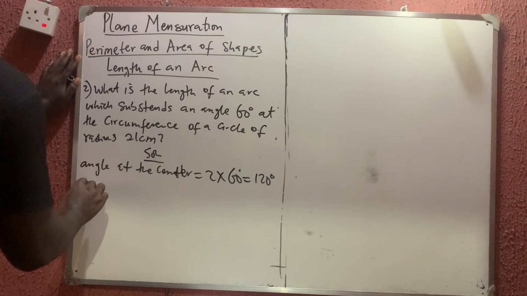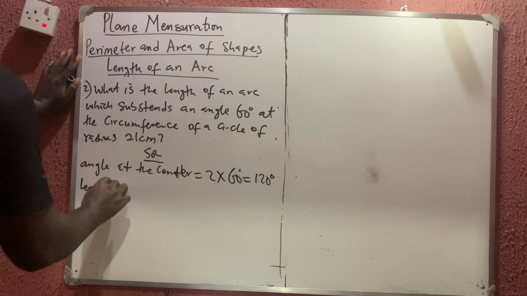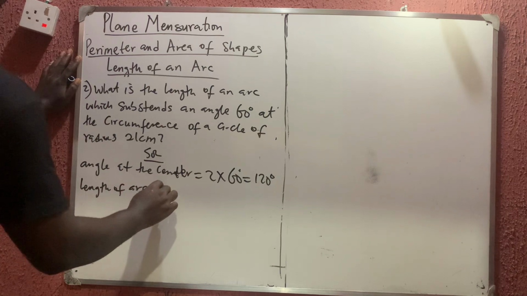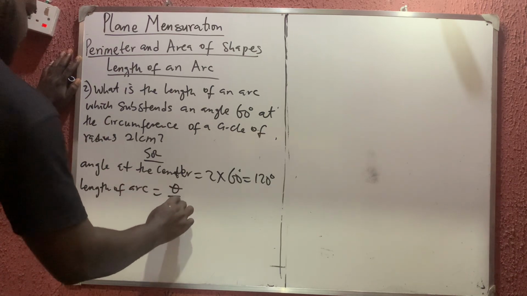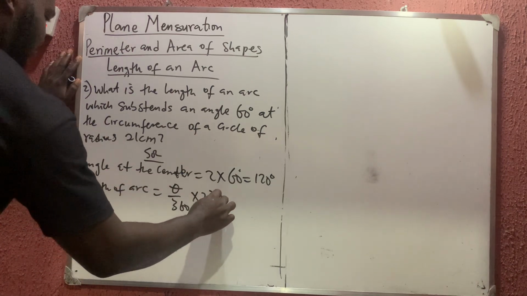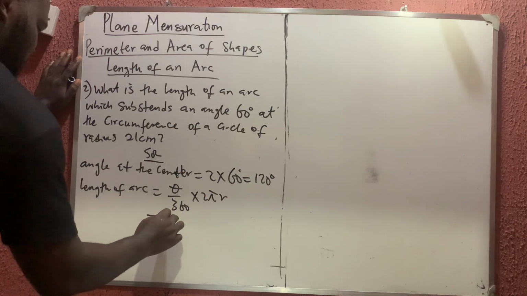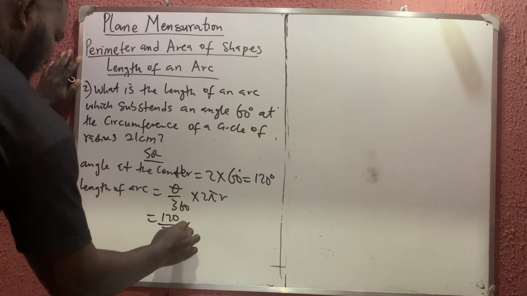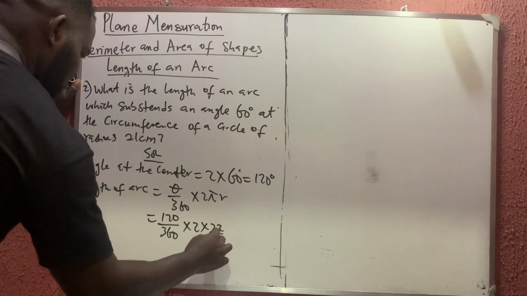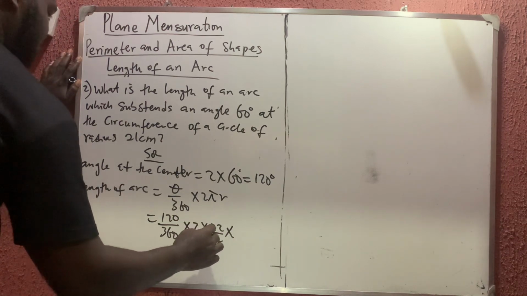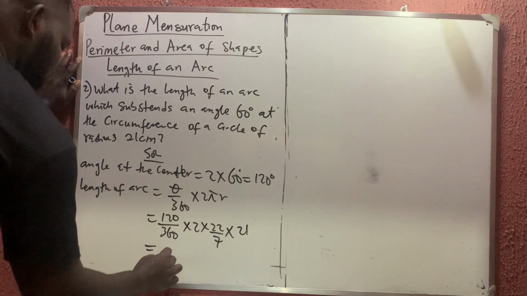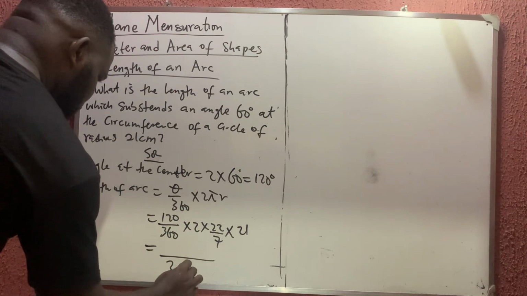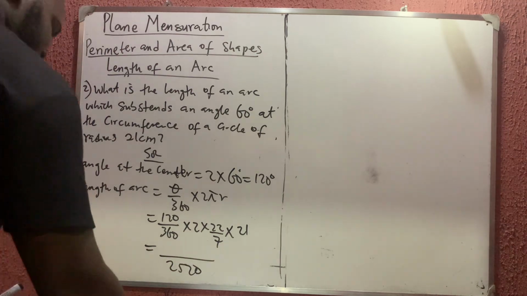So we now tell them that the length of the arc is simply theta over 360 times 2 pi r, which is 120 over 360 times 2 times 22 over 7 times my radius here, which is 21. So the denominator is always 2520. Don't forget. So let us multiply the numerator.